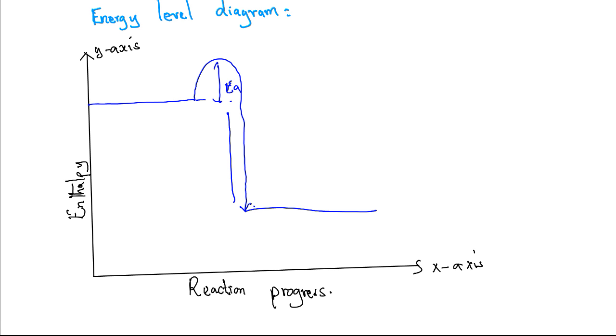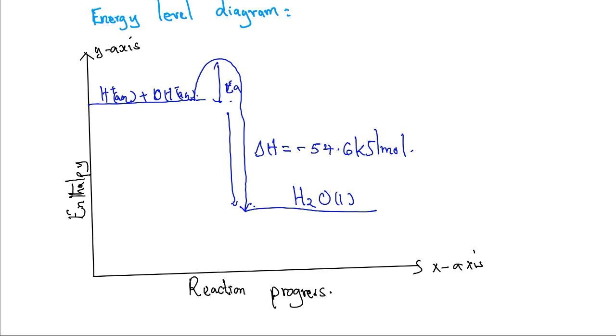Then our delta H is equal to negative 54.6 kilojoule per mole. So that is water as the product, and we have the reactants. So that is the energy level diagram.